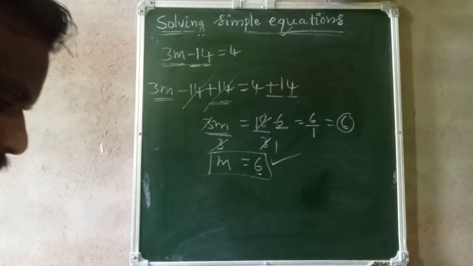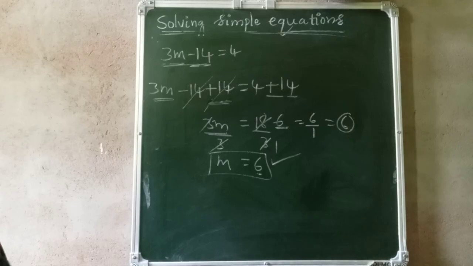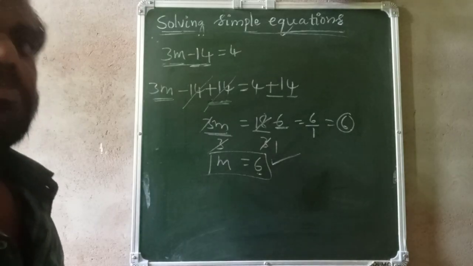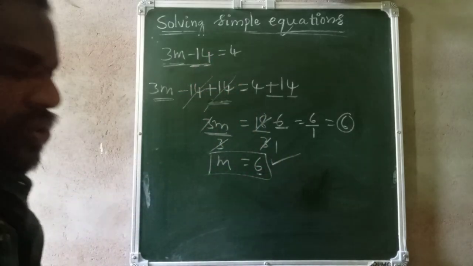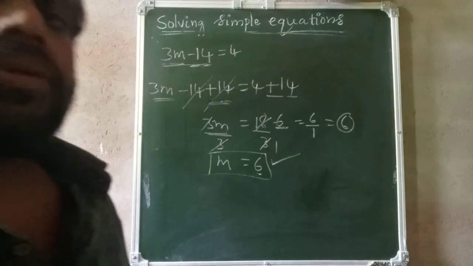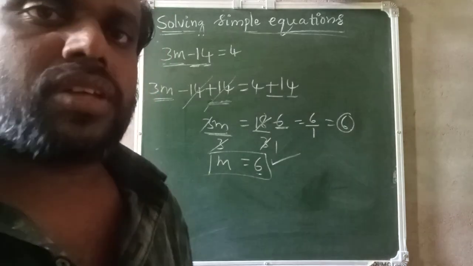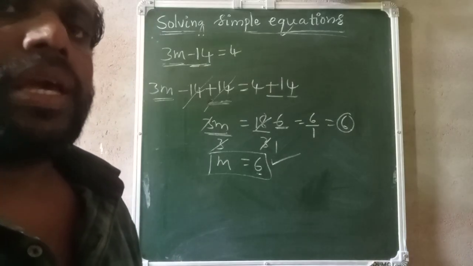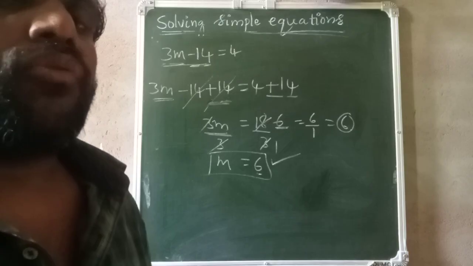Okay. Now we have already simplified this equation, and we got the answer also. Now the next thing, sometimes they may ask you to check whether this answer is correct or not. Sometimes they won't ask. They just want the value of m.